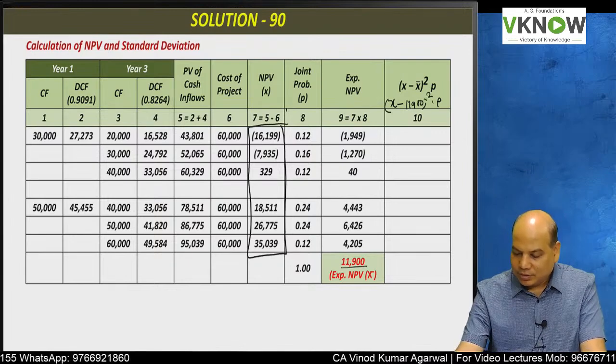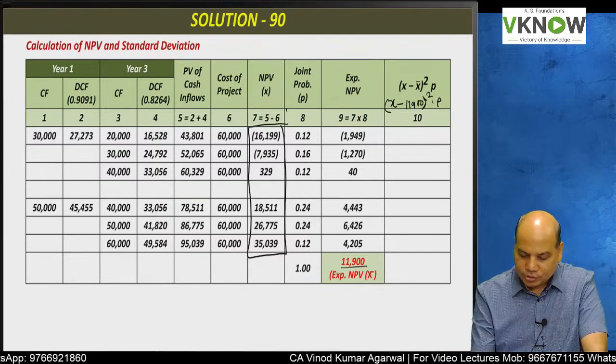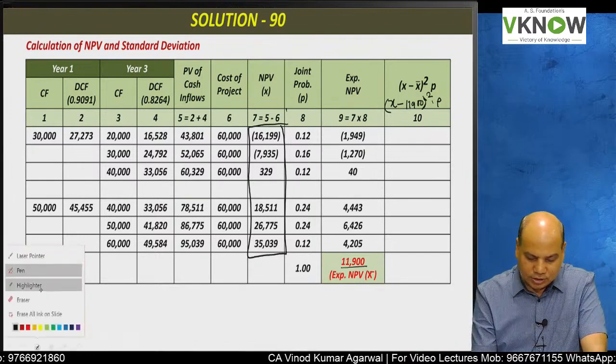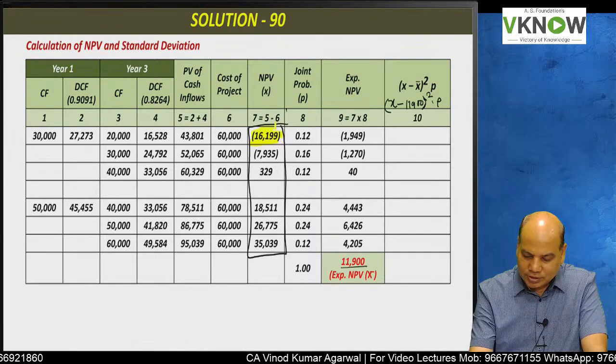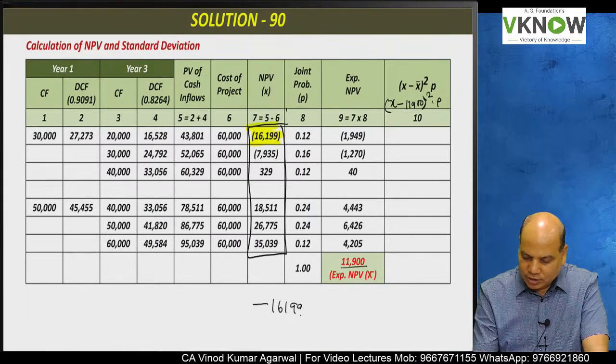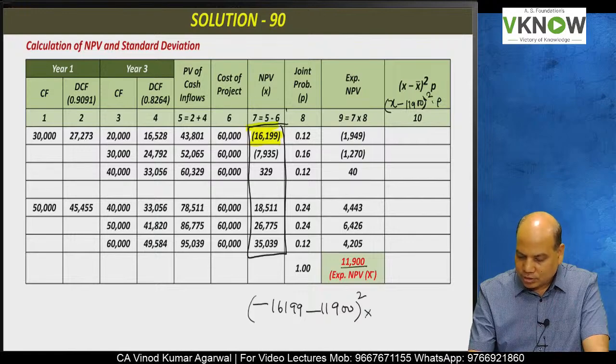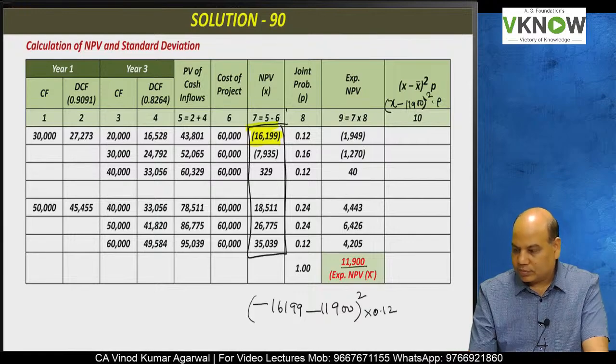So now show your skill again. This is minus 16199 minus 11,900 square into 0.12.